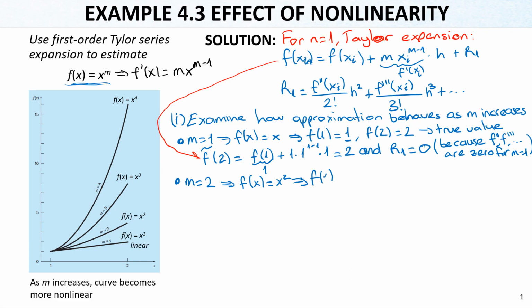Actually, let's find f1 as well because that's necessary. It's again 1. When we put 1 here, it's 1 squared, which is just 1. And f2 is 2 squared, then it is 4. This is the true value again.